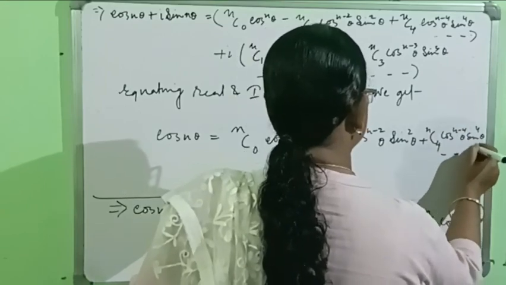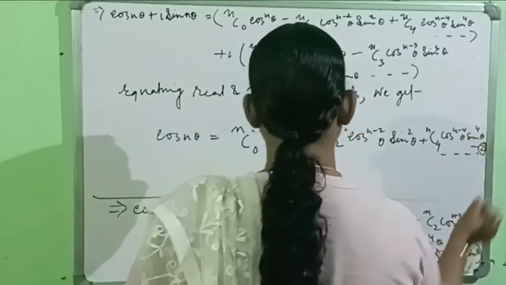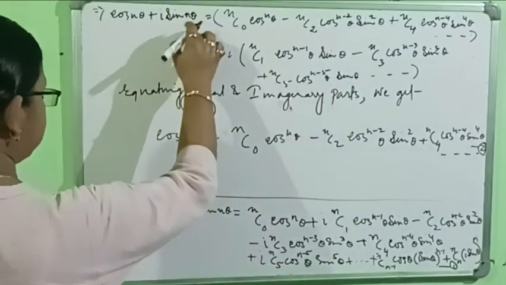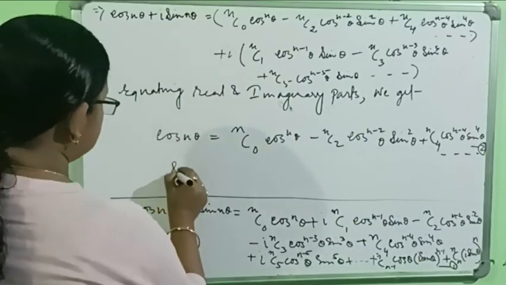This is my equation 2. And for sin n theta, we equate the imaginary part with the imaginary part.